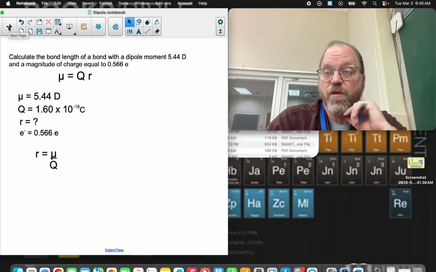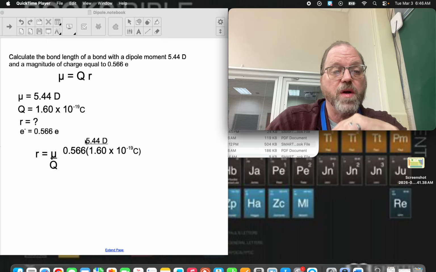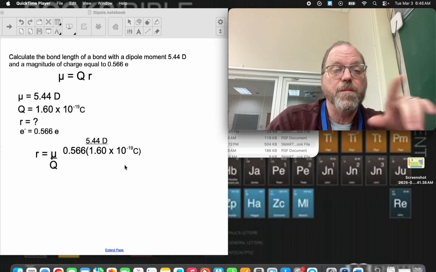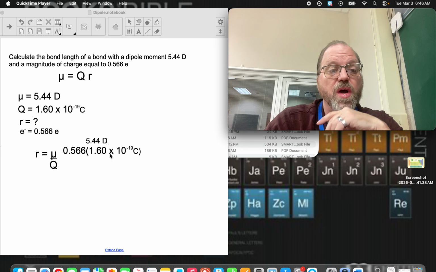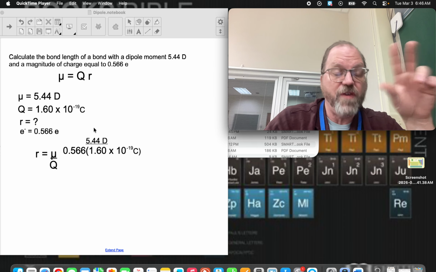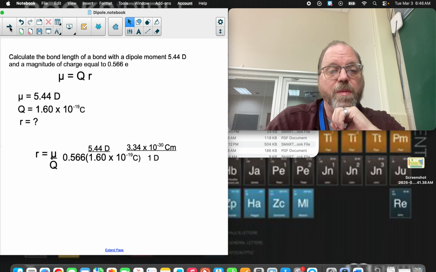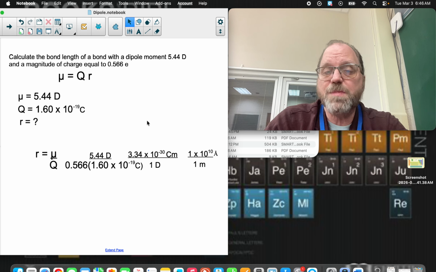So let's rearrange the equation and solve for R. R is equal to mu over Q. Plug our values in. I put 5.44 in for my Debyes, and I multiply 0.566 times Q, because it's not a complete charge, all over. Then we take our 3.34 times 10 to the negative 30th coulomb meters over 1 Debye, and I'm making this a positive 10.